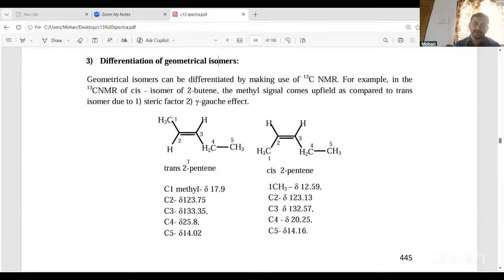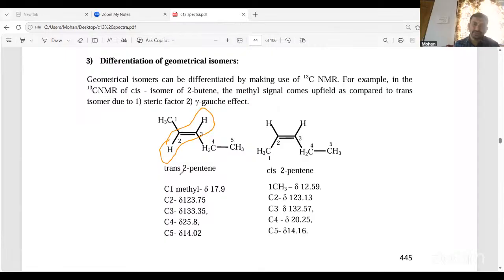For example, in this particular compound, here is 2-pentene, and here also 2-pentene, but the stereochemistry is different. In the first compound, it is the trans configuration, because these two hydrogens are in the opposite direction.